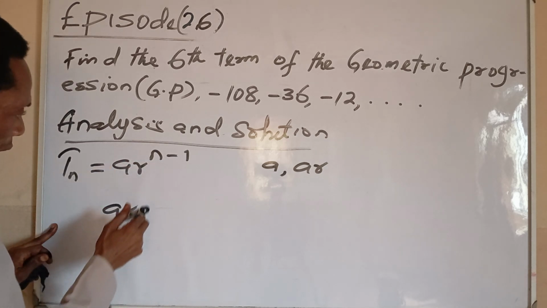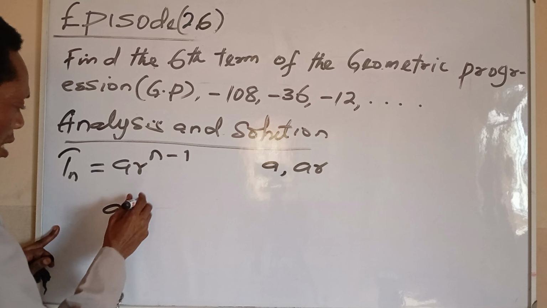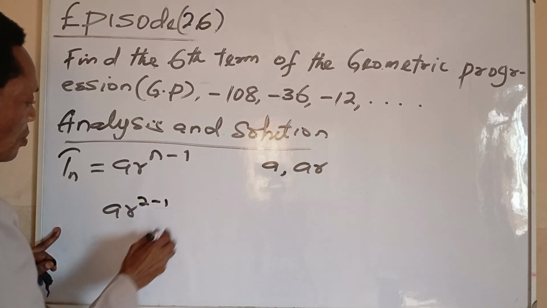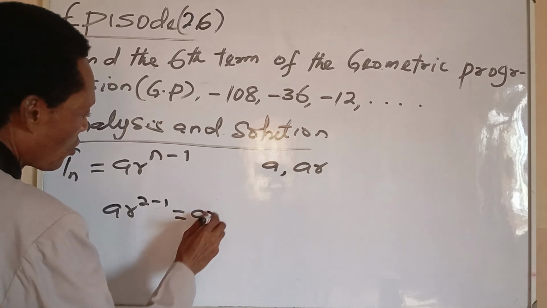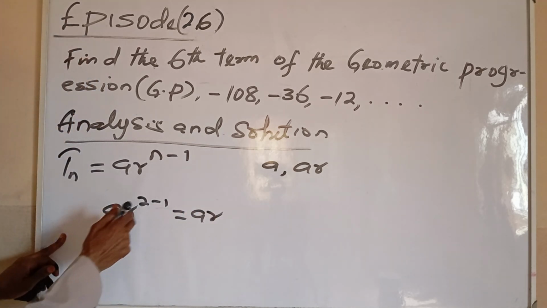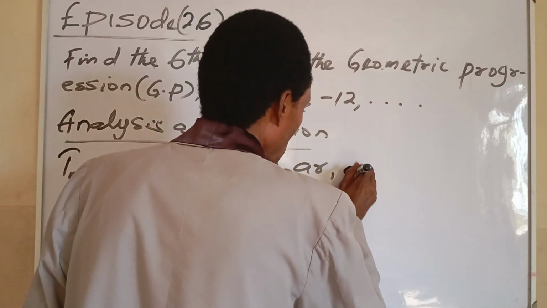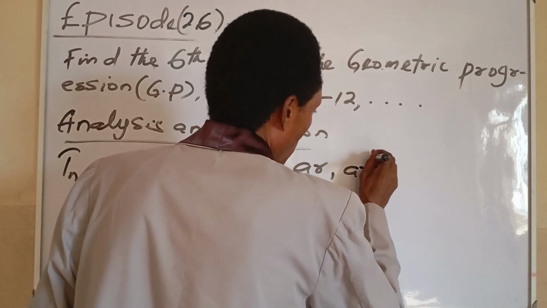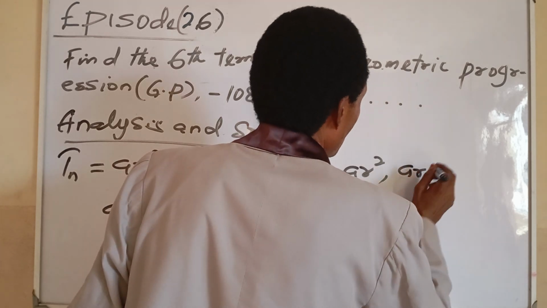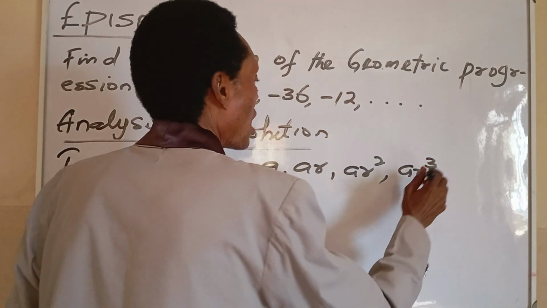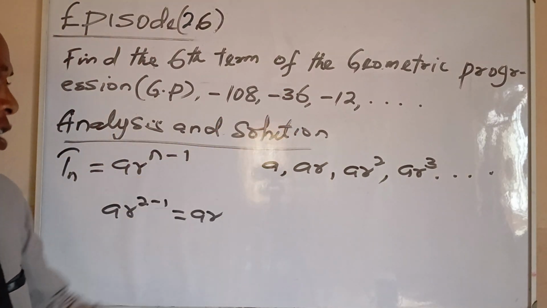The second value is 2 minus 1, which gives you 1, so A R raised to the power of 1. The third one is A R raised to the power of 2, and the fourth one is A R raised to the power of 3. This is how you continue to generate the terms of the sequence of a GP.